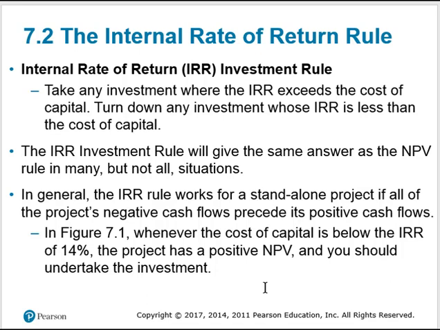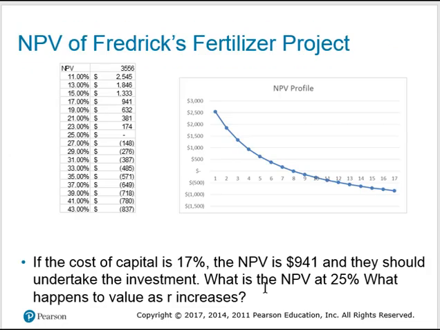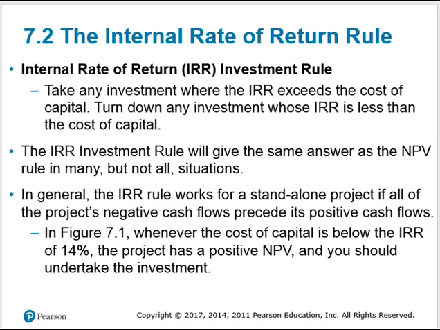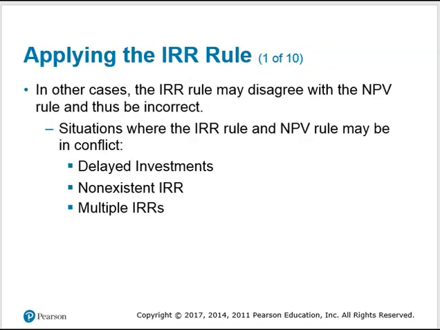You should undertake that investment. So if we go back here, right, at zero, the cost of financing is 20%. There's no value to the company if you do this project and it costs 25%. But if it costs anything less than 25%, you are gaining and increasing value to the company.